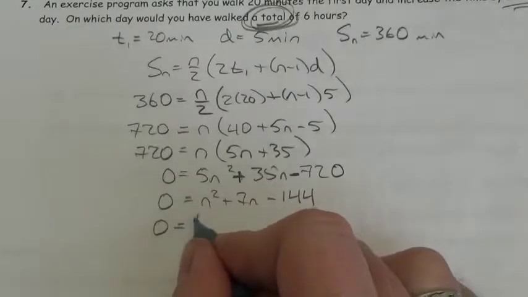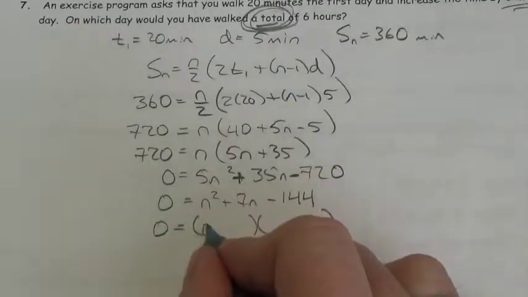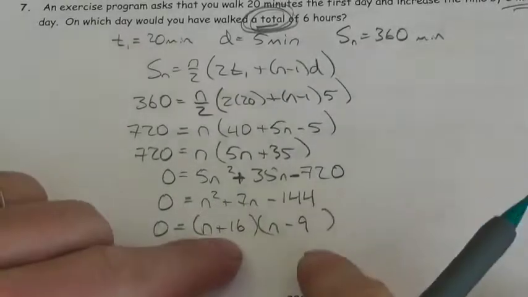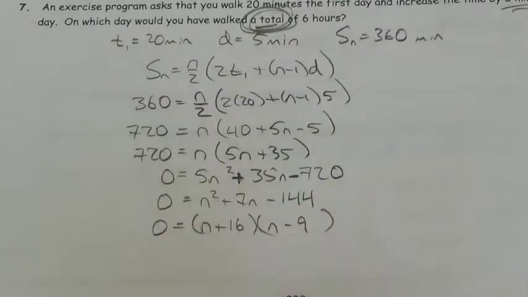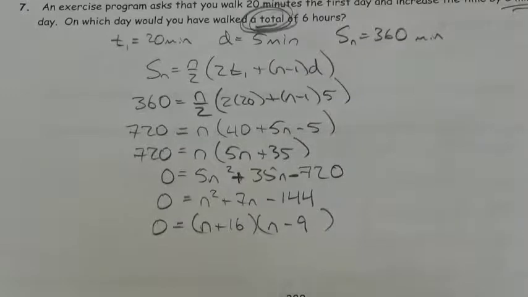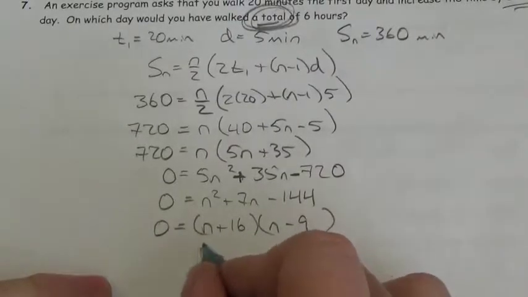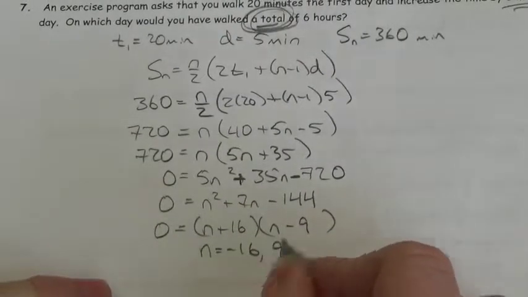I am really hoping that this factors, but the truth is I know that it factors. Usually we look at 144 and people are quick to jump on and say, that's 12 times 12, and you're absolutely right. That's also 16 times 9. So when you do this, you're going to get negative 16 or positive 9.